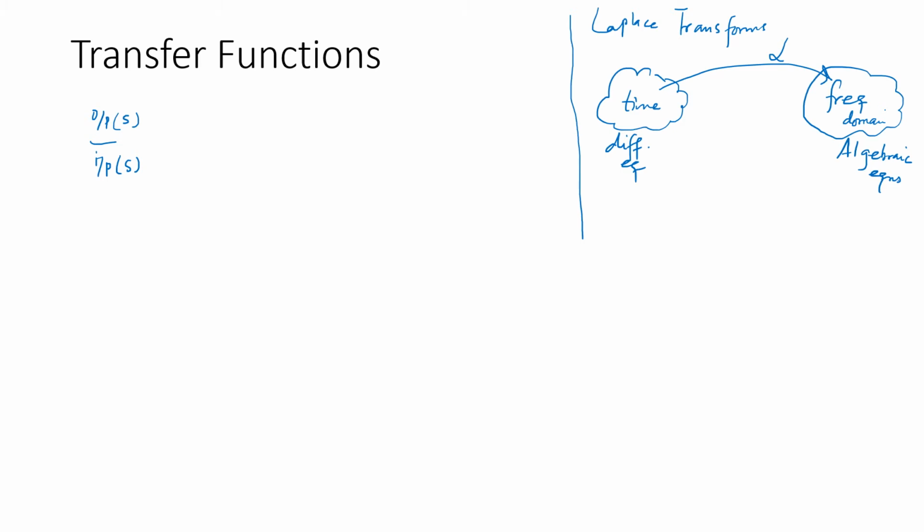So the transfer function paradigm requests the designers to account for the Laplace transformations of outputs and inputs. So that is going to be a ratio of the Laplace transformation of the output over the Laplace transformation of the input.